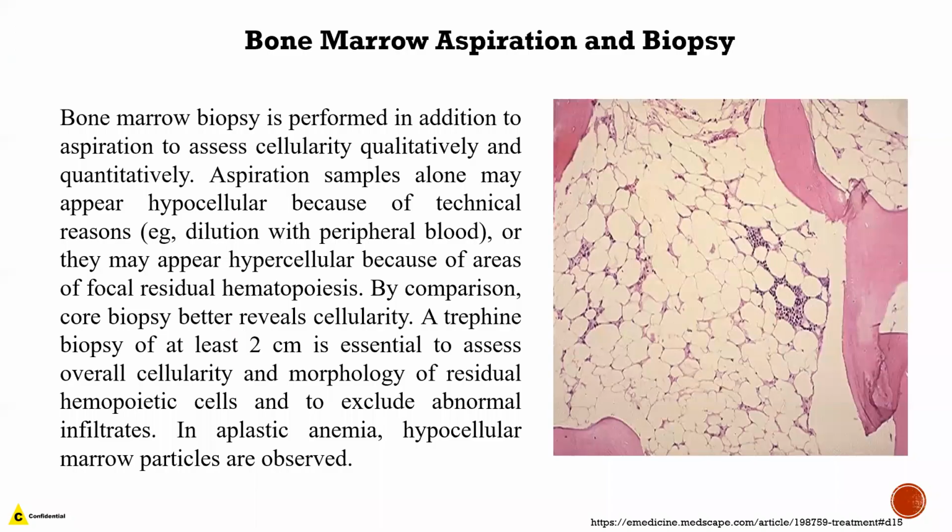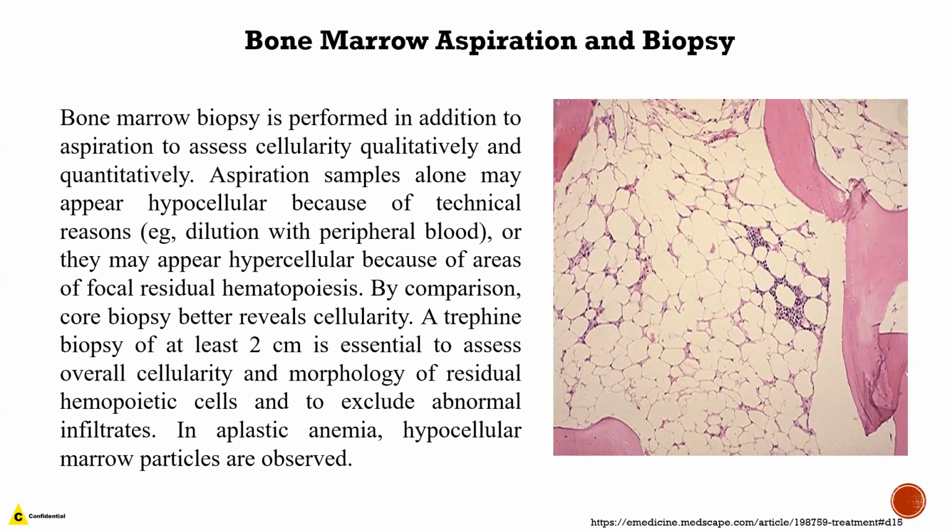Bone marrow biopsy is performed in addition to aspiration to assess cellularity quantitatively and qualitatively. Aspiration samples alone may appear hypocellular for technical reasons, or because of areas of focal residual hematopoiesis.